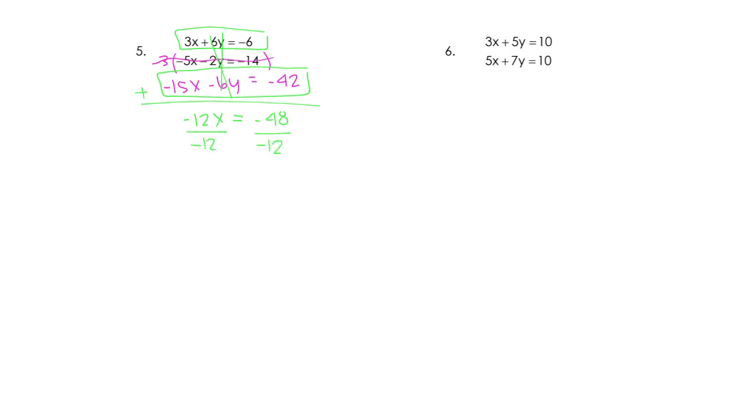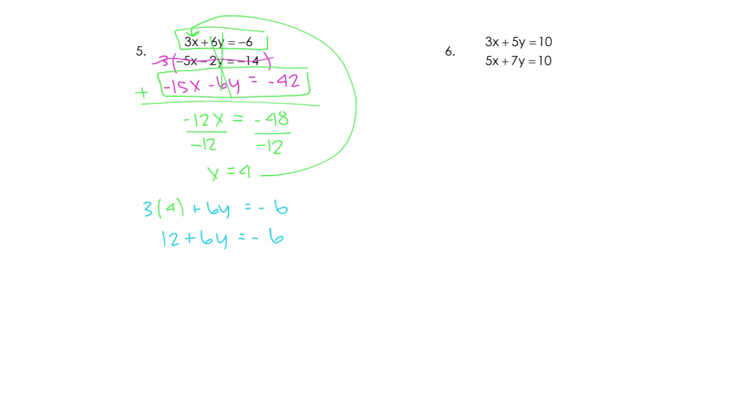Divide both sides by negative 12, and x would be 4. And then again, just plugging it into the top here, I have 3 times 4 plus 6y equals negative 6. Then I would get 12 plus 6y equals negative. I just realized I said negative 6, but totally wrote 16.